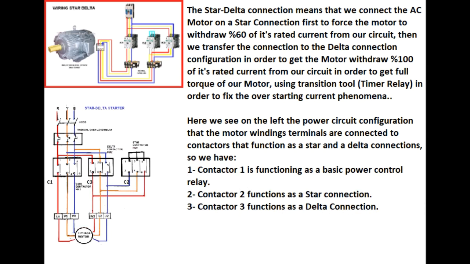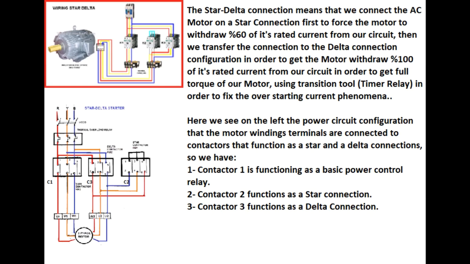One contactor is working as a basic contactor, and the second one is working as the Delta connection, which will work later after the star connection. And the third one, on the right, is working as the star connection. We have configured the star and the Delta connection externally, not inside the motor terminal box.